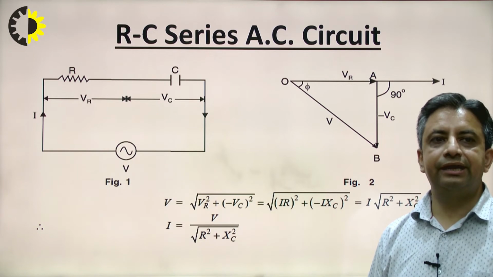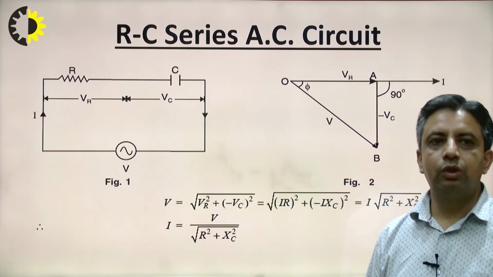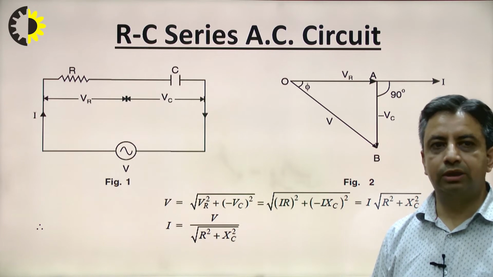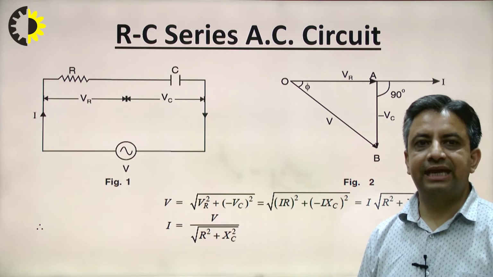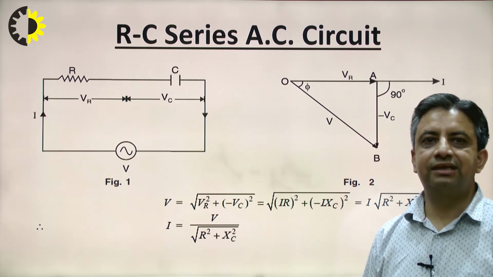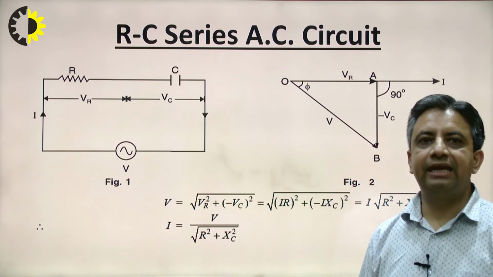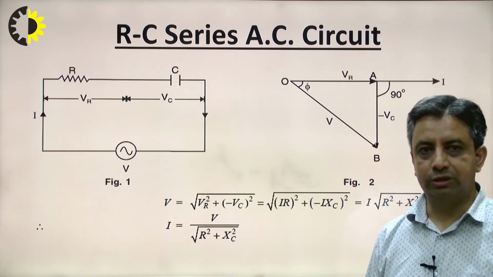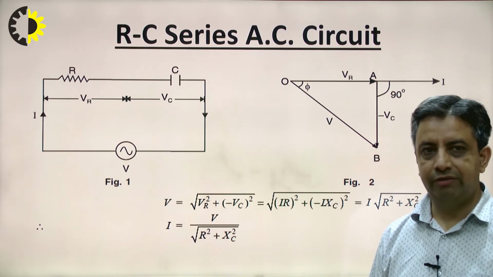So here you can see the expression for voltage will be again equal to square root of VR square plus minus VC square. In this case the minus sign comes from the fact that capacitive reactance is negative and inductive reactance is positive. So due to that we have this minus sign for VC.